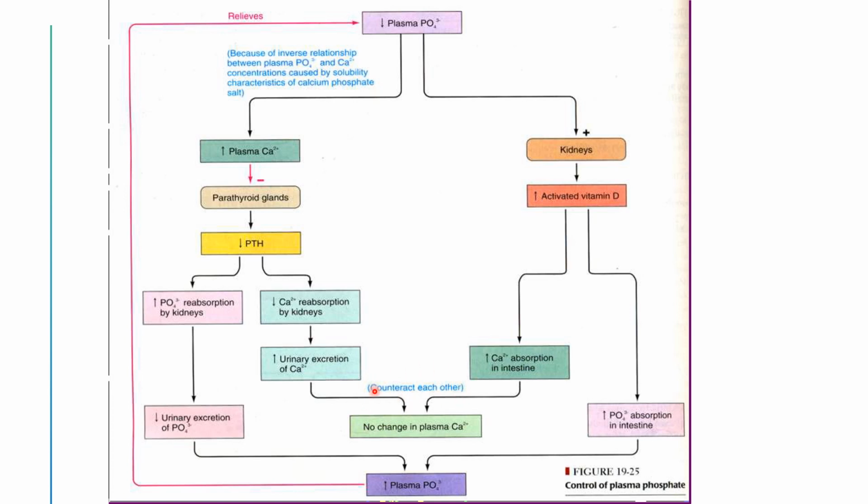Those two will counteract each other. And on this side, there will be increased phosphate absorption in the intestine, leading to increased plasma phosphate concentration. So this is the picture of regulation of phosphorus concentration, or the value of normal serum plasma phosphorus.